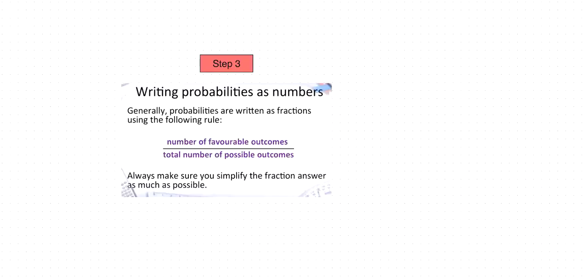So now we understand the layout. We're going to look at a problem that we can use to solve probabilities. This is the formula that you have to apply for writing probabilities as numbers. Generally, probabilities are written as fractions using the following rule. You have a numerator at the top, which is the number of favorable outcomes, and a denominator at the bottom, which is the total number of possible outcomes.